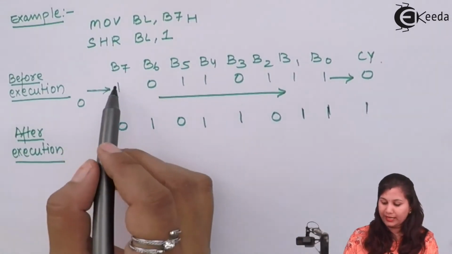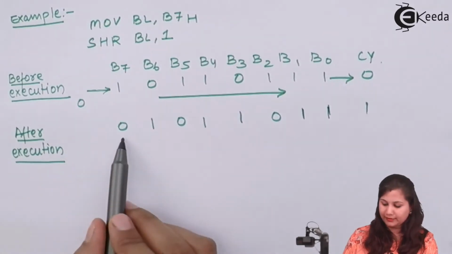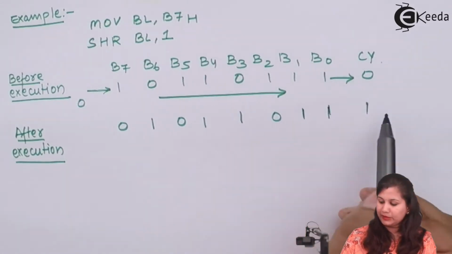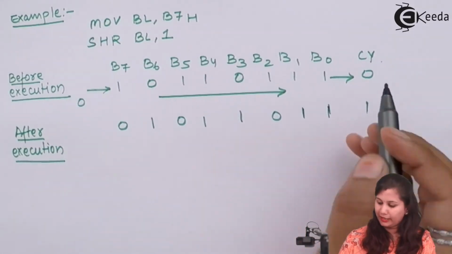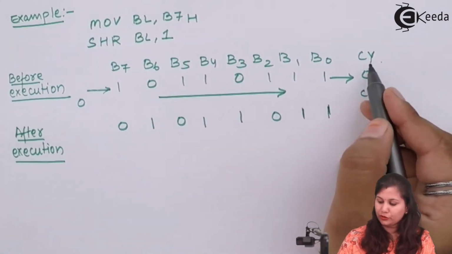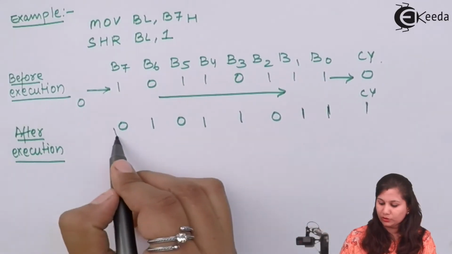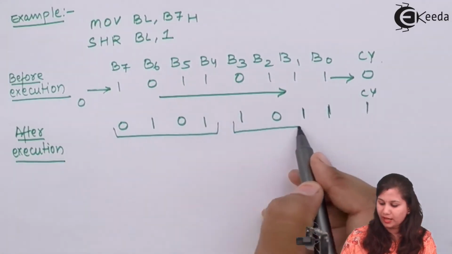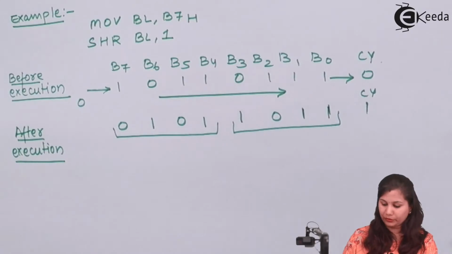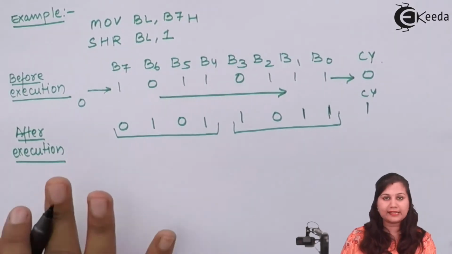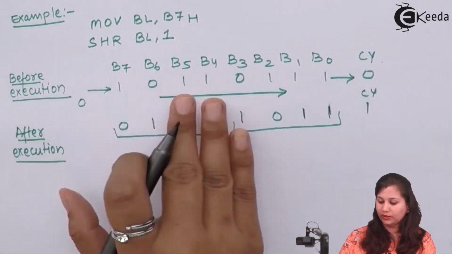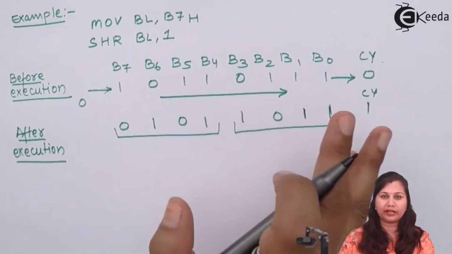So you can see that the MSB is now made 0 and the LSB has been shifted to the carry flag. Carry flag before execution was 0, after execution it has become 1, and also the contents of the register are changed. So this was the SHR instruction where each bit is shifted to the right hand side.